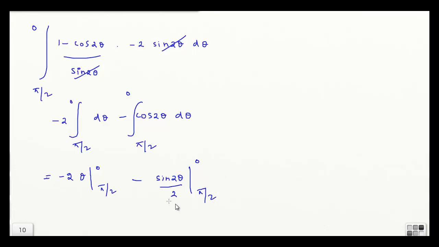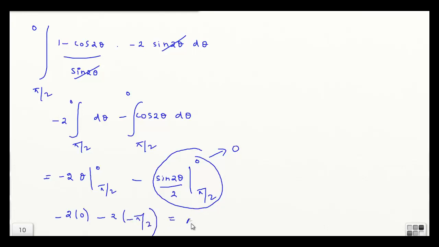So this whole sine 2 theta term, applying these limits, is 0. Let's look at the theta term. It's going to be minus 2 theta, so the upper limit gives 0, minus 2 times minus pi over 2, which is pi. So that was what we were asked to prove, and we nicely proved it.